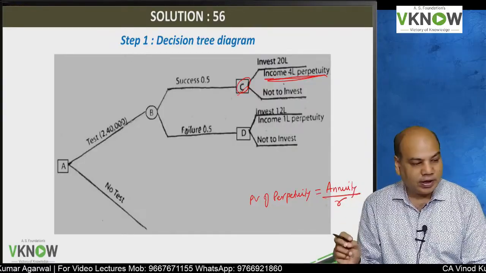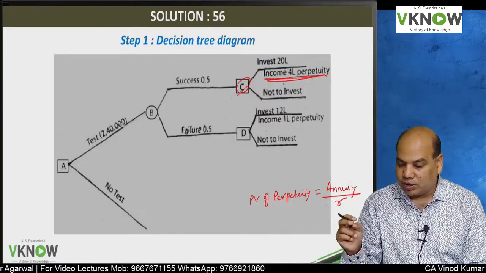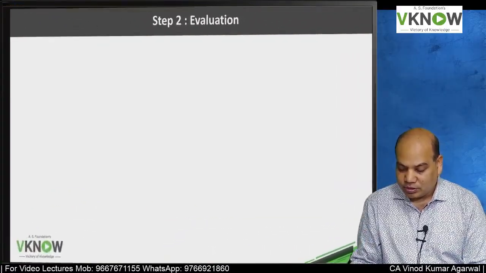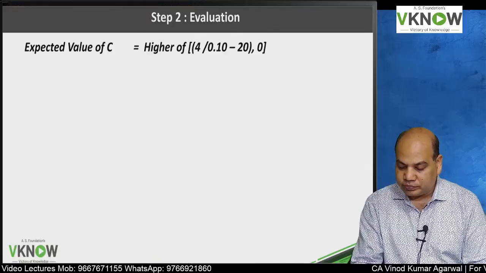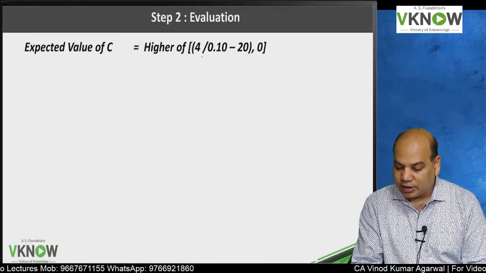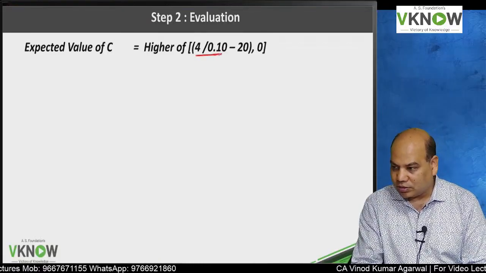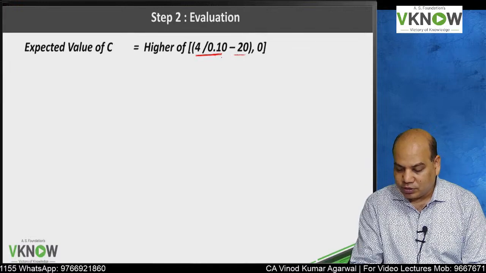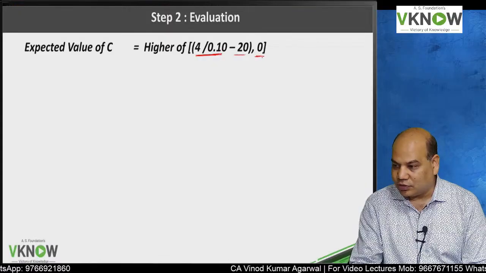So 4 lakh divided by 10% will be my income, minus 20 lakh is my investment. So my profit will be 4 lakh divided by 10%, 40 lakh minus 20 lakh. 20 lakh is the net payoff, net positive profit you can say, if I invest. If I do not invest, I'll get zero.